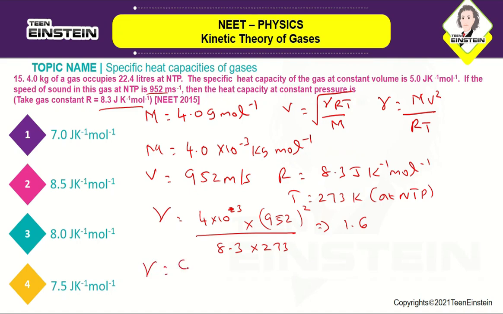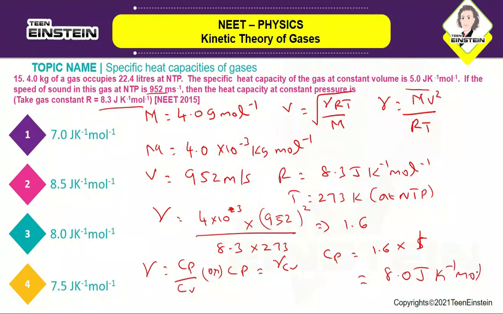So by definition, gamma is equal to Cp by Cv, or Cp is equal to gamma Cv. Here the Cv value they have given, the heat capacity at constant volume, as 5, and gamma value you know it is 1.6. So you just substitute 1.6 into 5. If you solve this, you'll be getting 8 joule per Kelvin per mole. So the correct answer is option number 3.